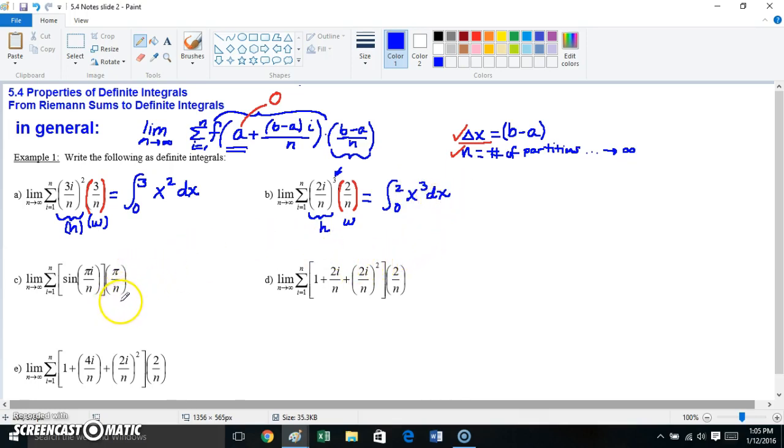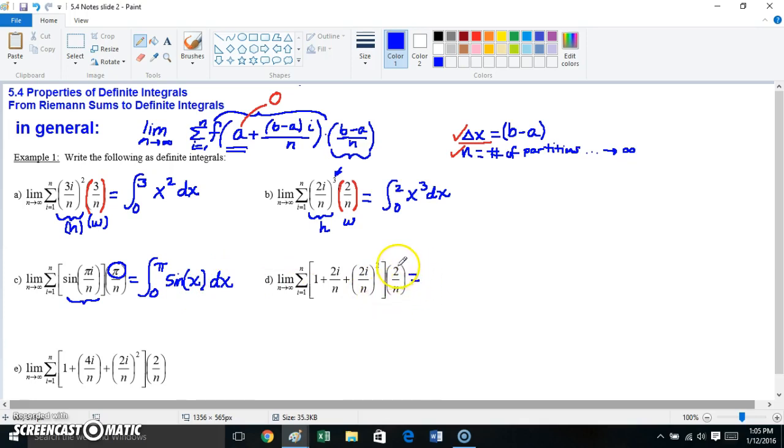Example C, our change in x is pi units. That means our limits of integration go from 0 to pi. Our function, indicated by this height, is the sine function. So we're finding the area under the sine curve between 0 and pi.